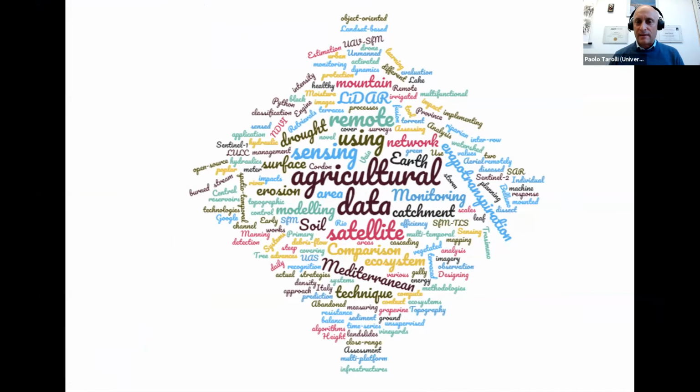So agricultural and data are the two main keywords, but also satellite, remote, LiDAR, comparison, evapotranspiration, drought. Mountains is a little bit smaller than the others, but this is interesting because we can see here maybe a future development in this kind of field, because maybe drought, agriculture, evapotranspiration, comparison and ecosystem.